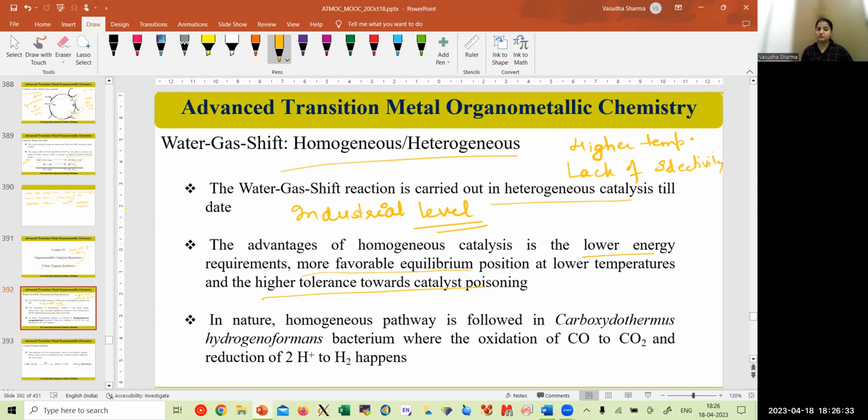In nature also, the homogeneous pathway is followed in Carboxydothermus hydrogenoformans bacterium, where the oxidation of carbon monoxide to carbon dioxide happens. So naturally also a homogeneous path has been seen, where the coordination with carbon monoxide and the hydride comes into the picture.